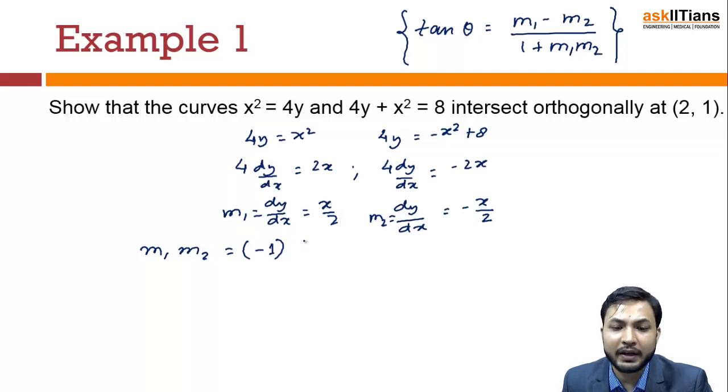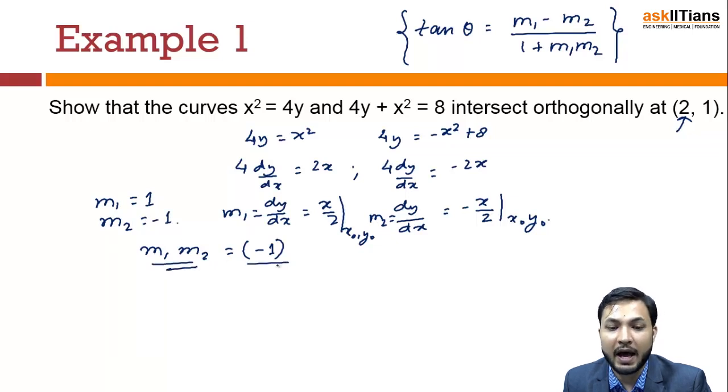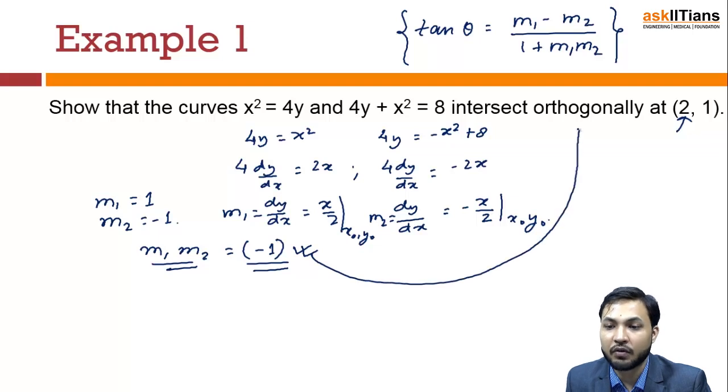Now how do I calculate this? This is at x naught, y naught. Remember, x naught, y naught. I have the value of x given here. From that I get my m1, which is equal to 1, and my m2, which becomes minus 1. So from m1 m2 I have minus 1, which satisfies the condition of orthogonality.